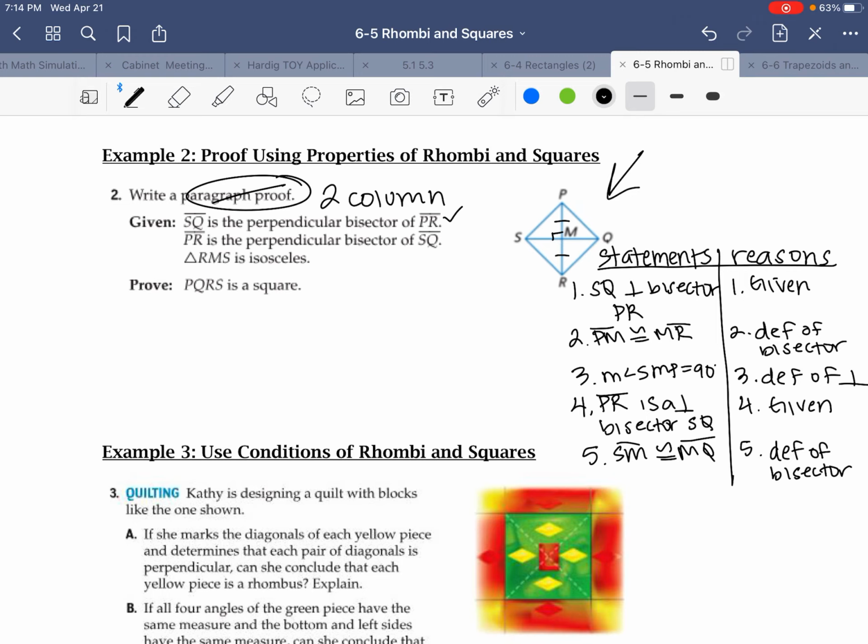And then I know that the angle, so let's go ahead and mark that, I know that the angle SMR is equal to 90 degrees because that's the definition of perpendicular.